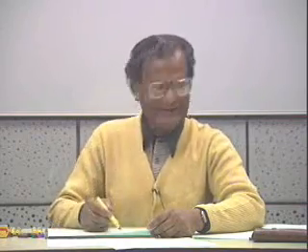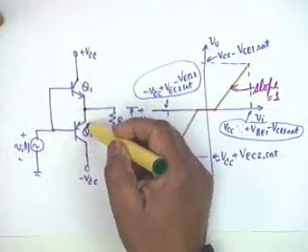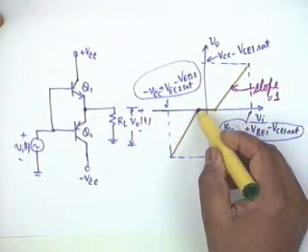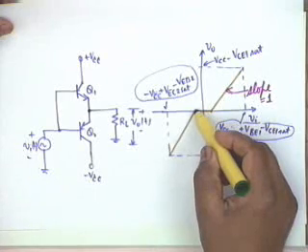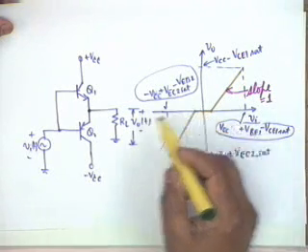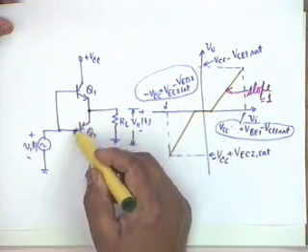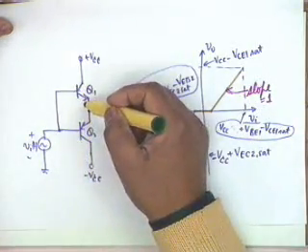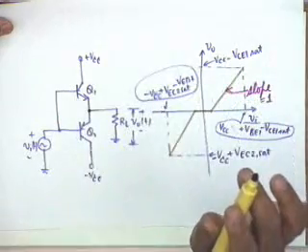Why is the dead band created? Because there is a threshold. This transistor does not conduct before Vi reaches minus 0.7 volt. And therefore, if I could bias this at minus 0.7 volt and this at plus 0.7 volt, then there would have been no crossover distortion.